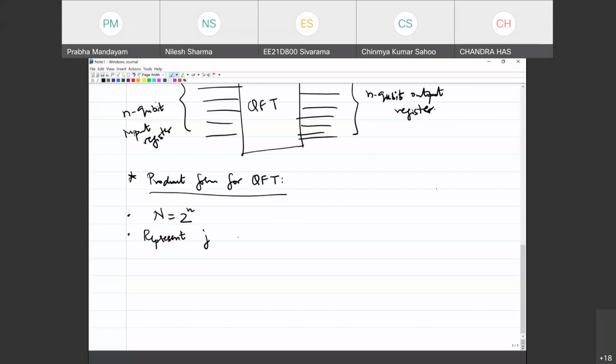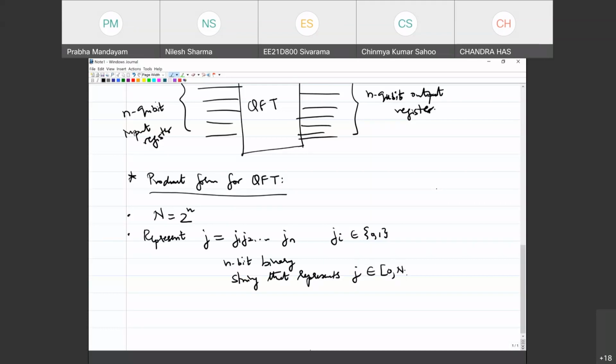You can represent it as some n-bit binary string, right? So each ji is either 0 or 1. So this is an n-bit binary string that represents your number j, which lies between 0 and N minus 1.